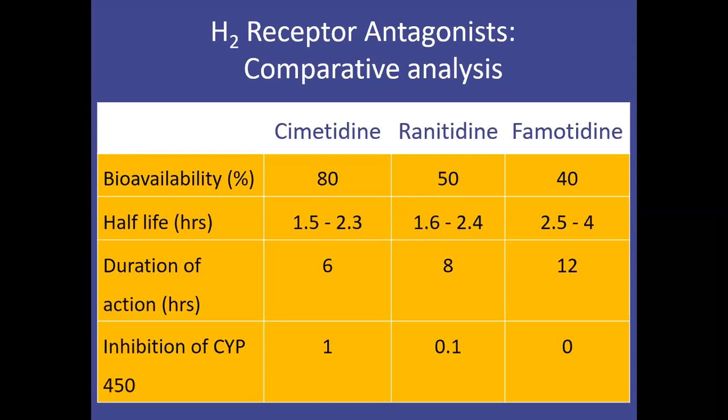Inhibition of several enzymes responsible for the metabolism of other drugs: if you co-administer other drugs metabolized by the enzyme affected by cimetidine, what will happen? Inhibition of metabolism of that co-administered drug will lead to accumulation and maybe toxicity of the other drug.